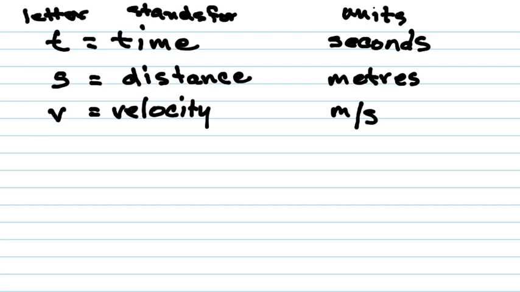Okay? Now, we also have something called acceleration. If you're going a certain speed, does that mean you have to stay at that speed? No, you can either go what? Faster or slower. And either one of those, it doesn't matter if it's faster or slower, is acceleration. So acceleration is the change in velocity with respect to time. So you could be going one speed, but then you change again.